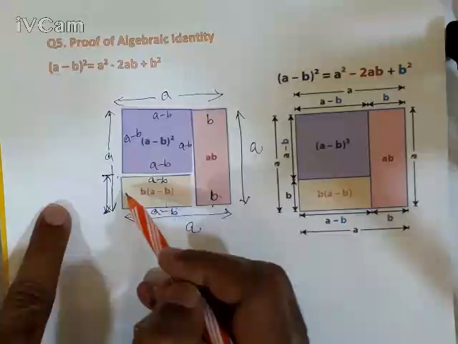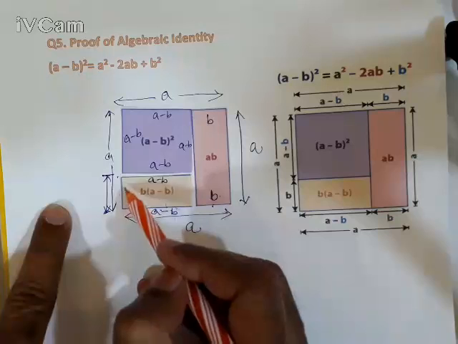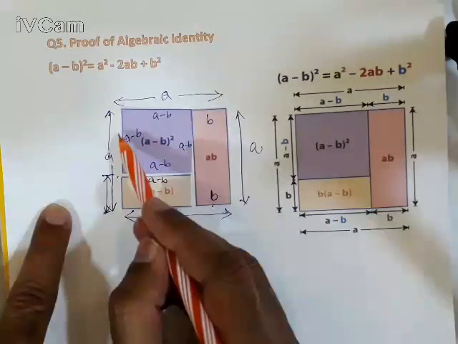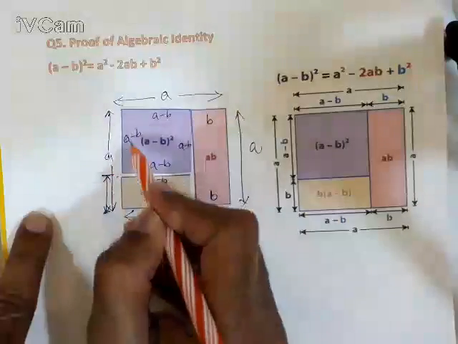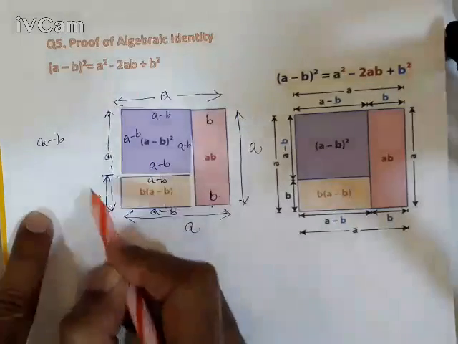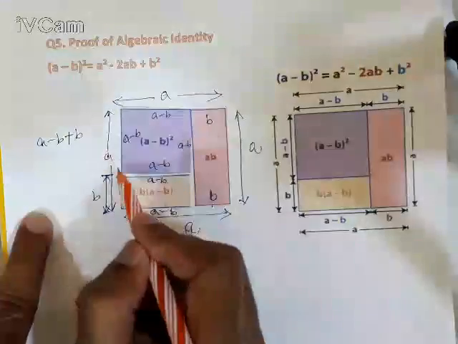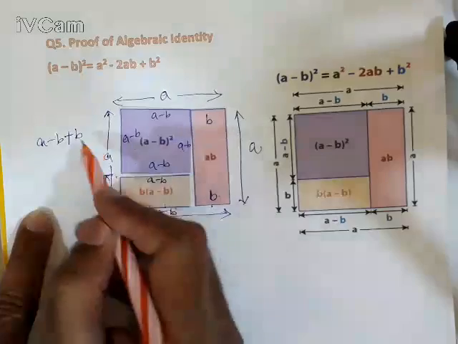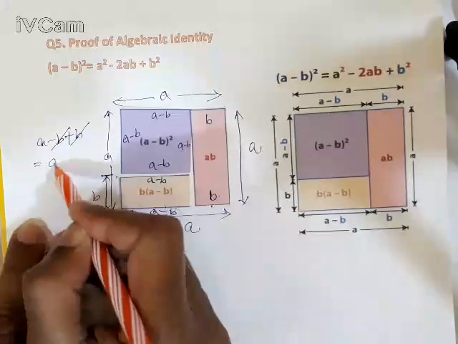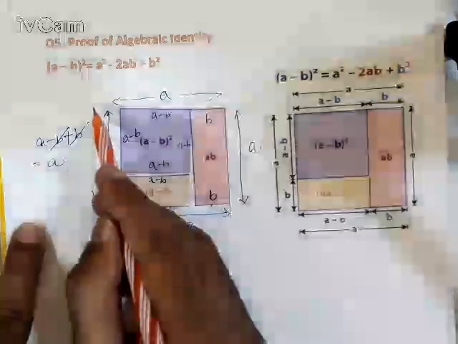Now obviously this side is b, and when we add this smaller side of the rectangle with this side of the square, which is a minus b, and when you add this smaller portion b with the side of the square a minus b, and when you cancel these two, it is obviously a. So that means the complete length of this square is a.